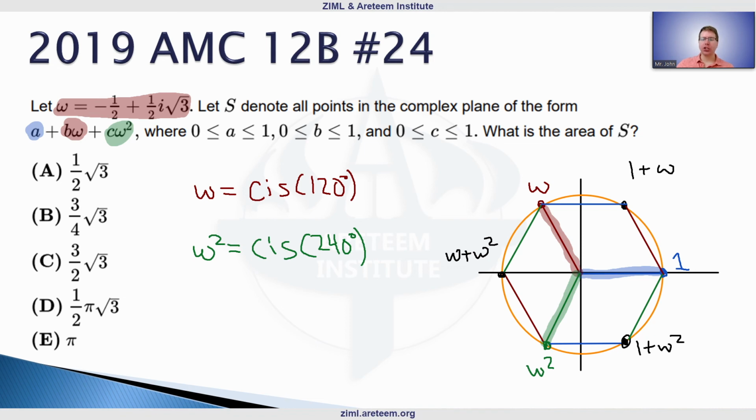And it shouldn't take too long to convince yourself that actually any point inside this hexagon is possible.